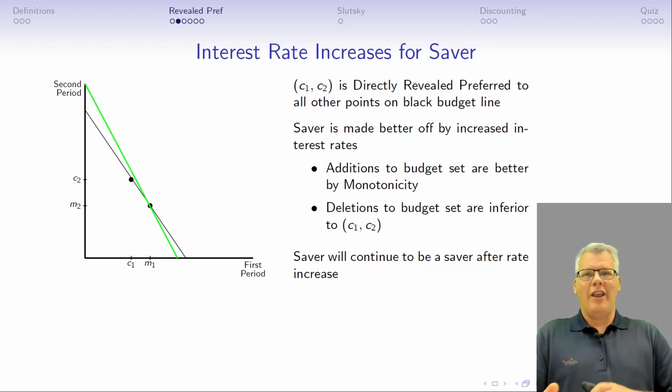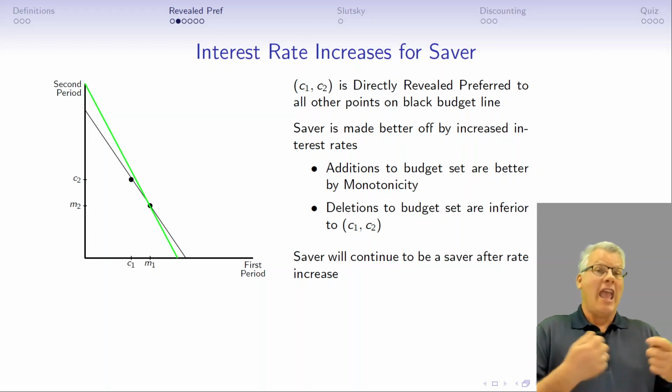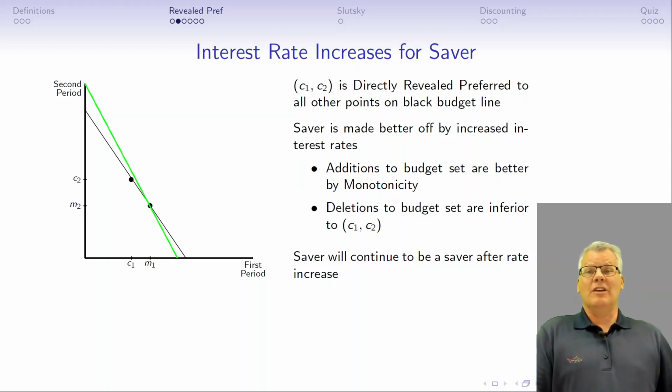If the old point now is interior to the new budget set, that means the consumer could afford potentially more time period 1 consumption and more time period 2 consumption. They could afford more of everything.